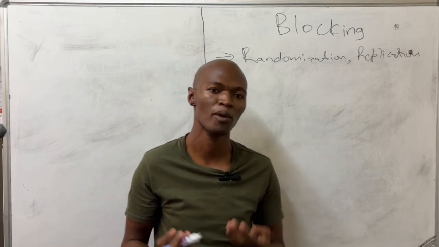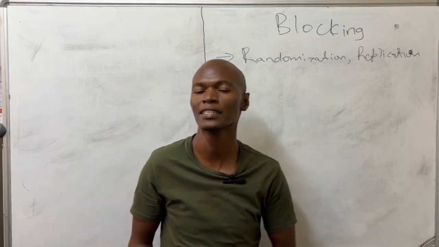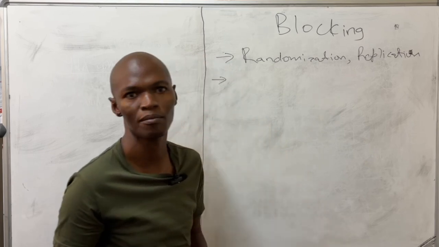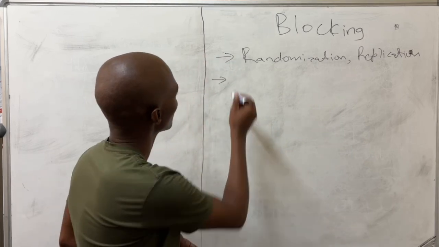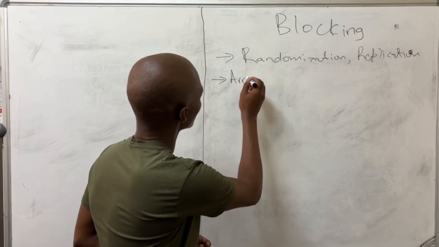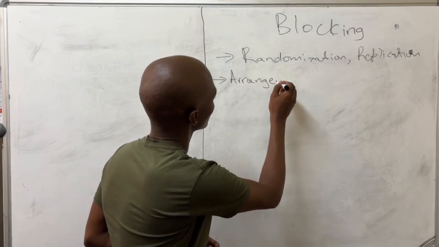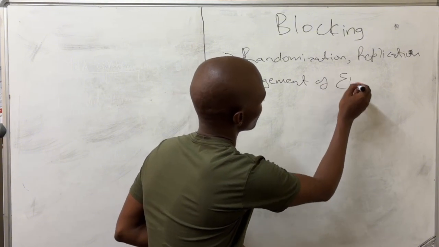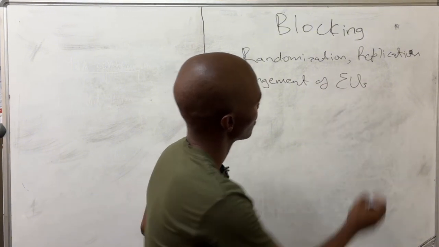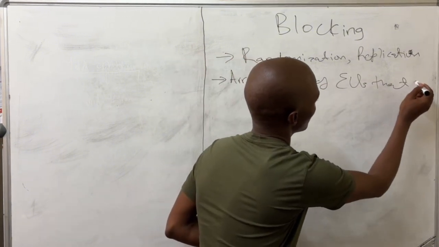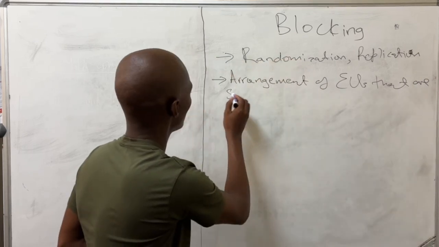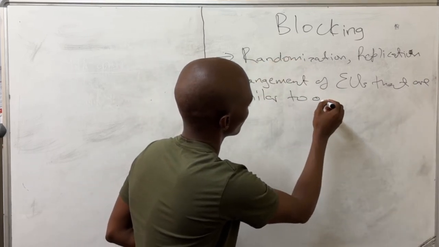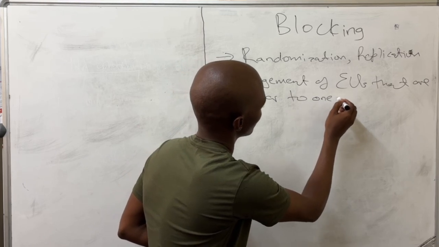Blocking is nothing but the arrangement of experimental units that are similar to one another. It's just an arrangement of experimental units, those EUs that are similar to one another.